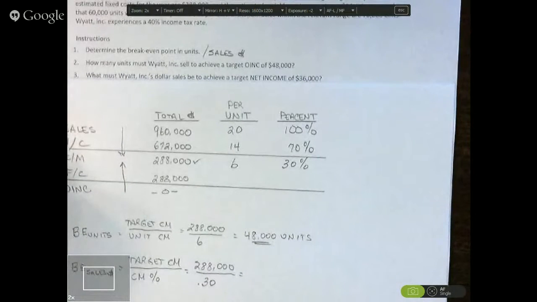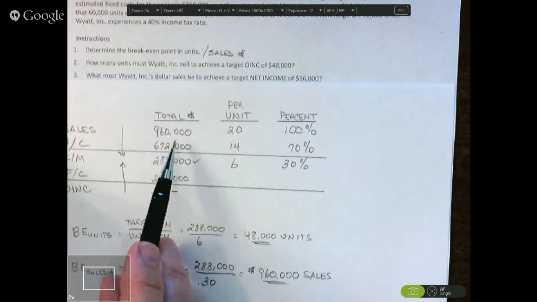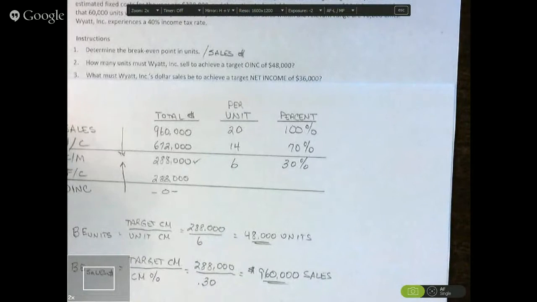So $288,000 divided by 30%, well, that does in fact give us the same $960,000 of sales that we had calculated earlier. Okay? All right, that takes care of illustration number 1, how to determine the break-even point in units and the break-even point in sales dollars.